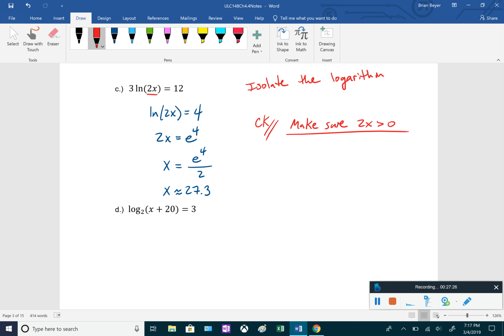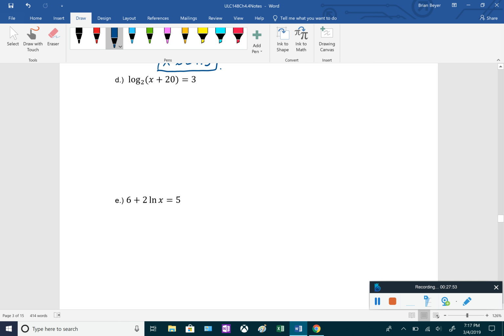So we need to make sure that 2x, which is 2 times 27.3, is positive. That's going to give us 54.6. 54.6 is obviously positive, so we're good. So our answer, depending on how you want to write it, it's e to the 4th divided by 2, or 27.3 approximately. Okay, next one, we have log base 2 of x plus 20 equals 3.